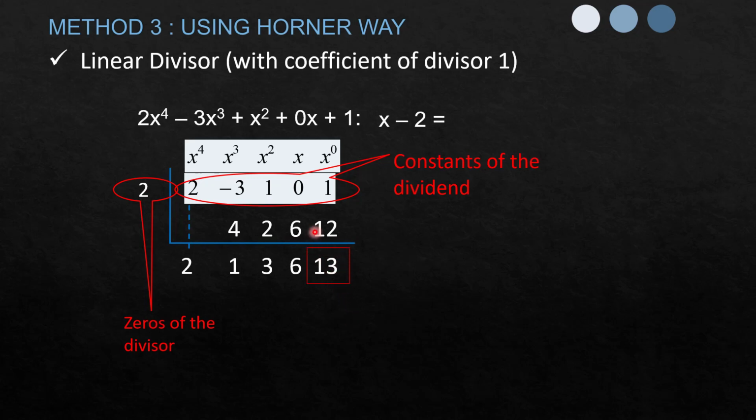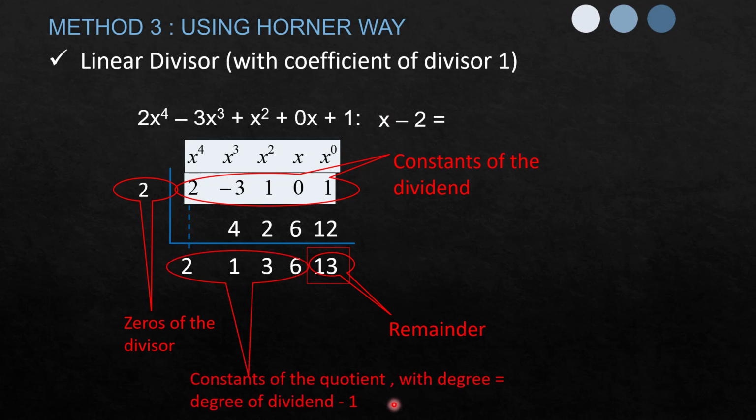So, you remember this remainder? Yeah, we obtain the same remainder as in the process that you will see in long division. 2, 1, 3, and 6 are the coefficients of the quotient, with the degree of the quotient being 1 less than the degree of the dividend.